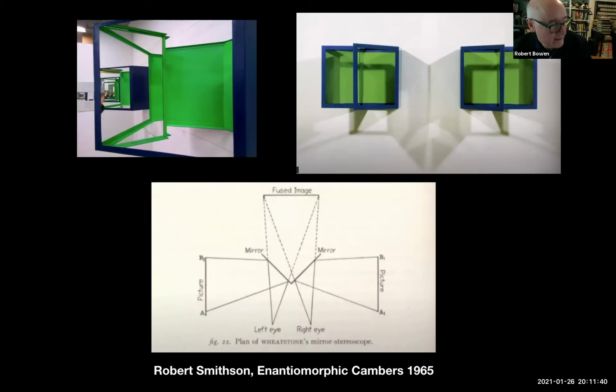And then he embarks on Enantiomorphic Chambers, which is based on Charles Wheatstone's mirror stereoscope, but instead of images, he puts mirrors. And so it creates a kind of mirror repetition, like the hall at Versailles, two mirrors facing each other. It creates this infinity space.